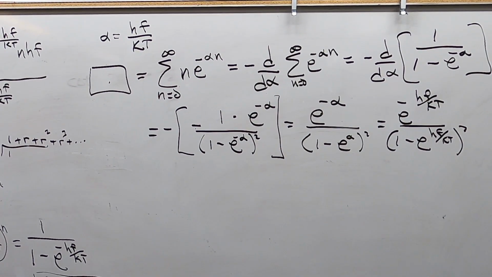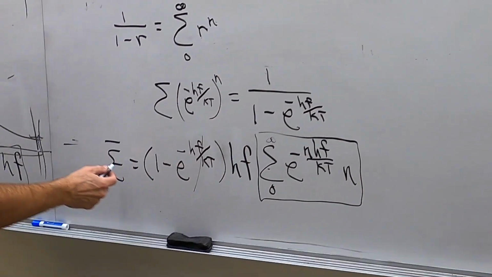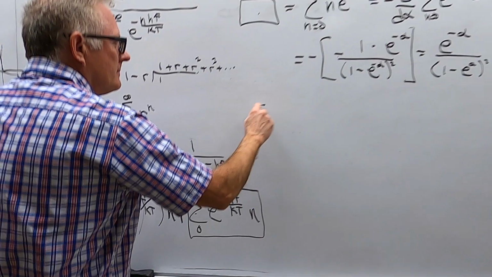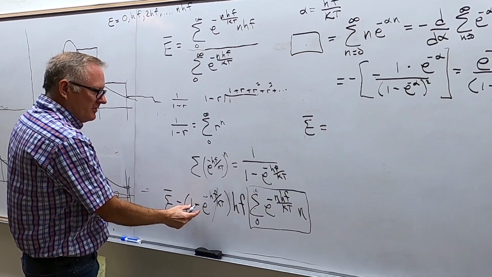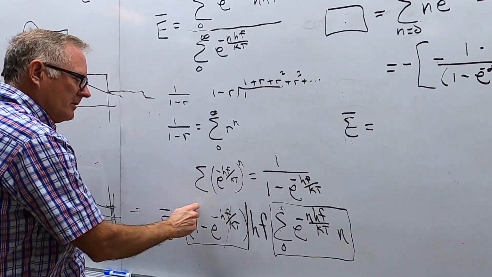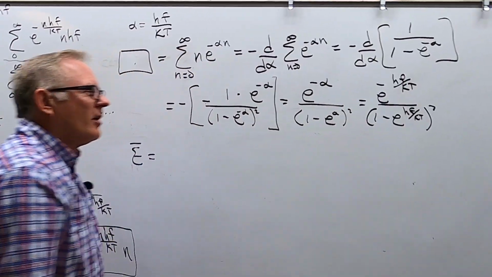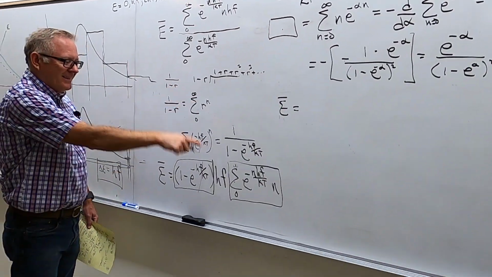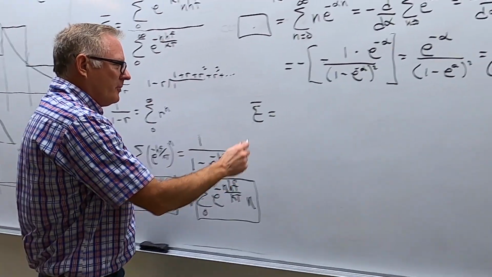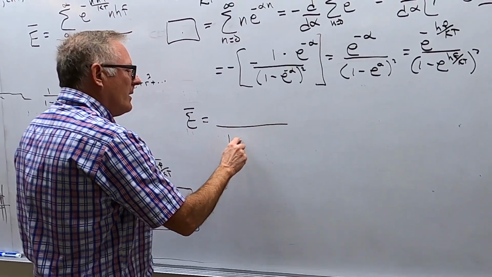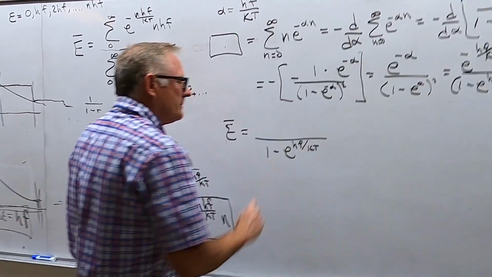So I'm just going to put that right into here, and we get the average energy equal to this. But you'll notice that this term is going to cancel with one of these terms, so I'm just going to get one of these terms in the bottom. So I get a 1 minus e to the hf over kT.